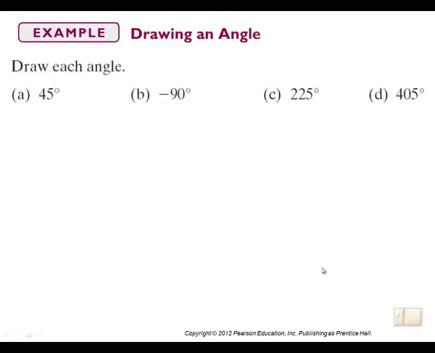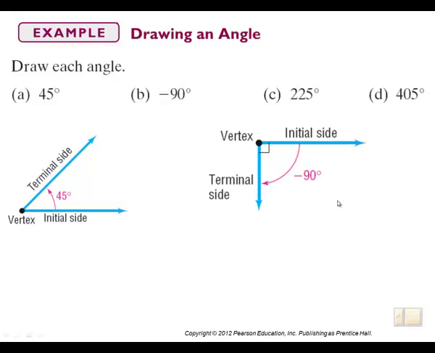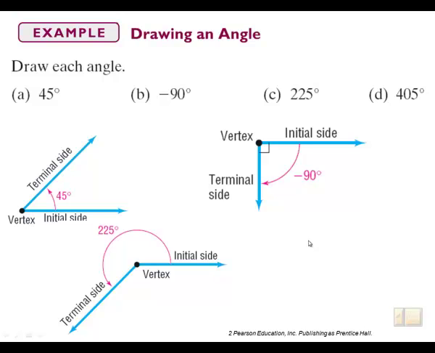Okay, we want to draw each angle. 45 degrees is going to be in the first quadrant. A negative 90 degrees is going to go in a clockwise direction, starting from the initial side. So you could say that that is coterminal with a positive 270 degrees. And then here's 225 degrees.